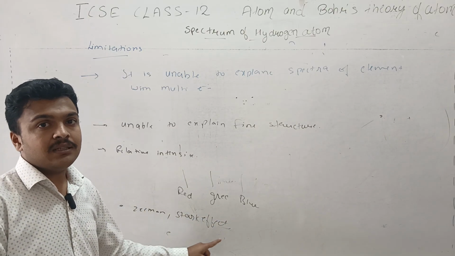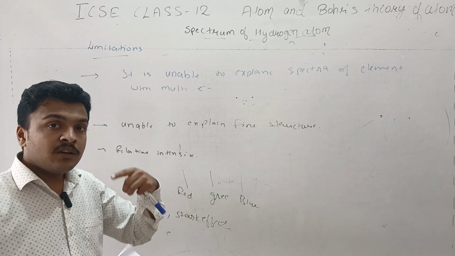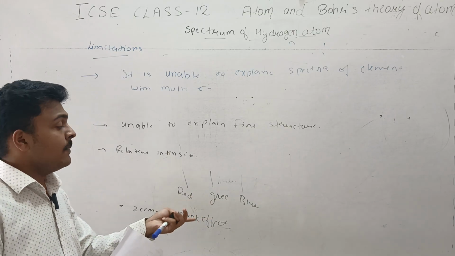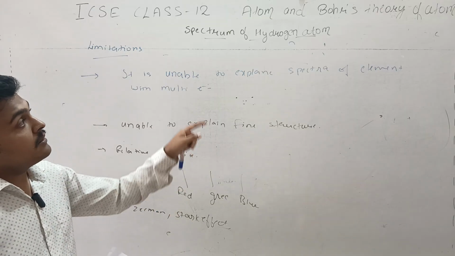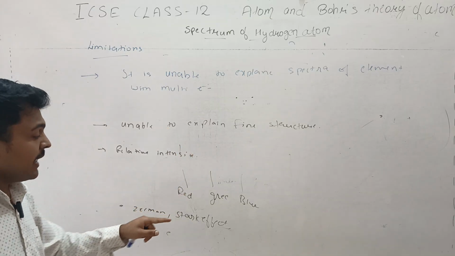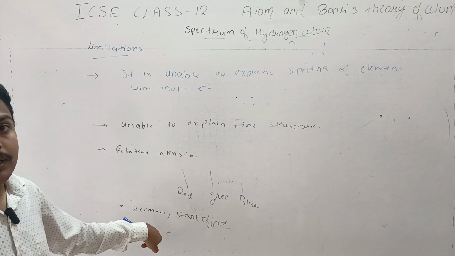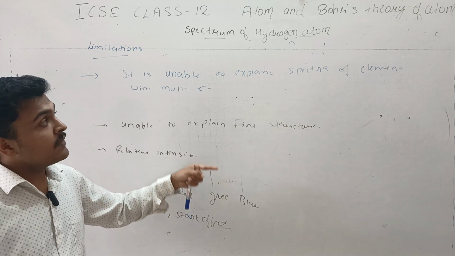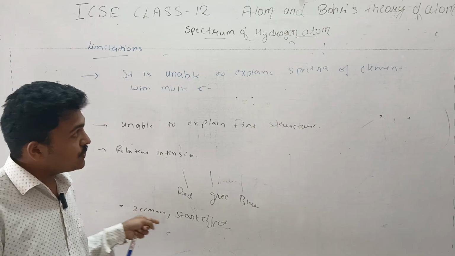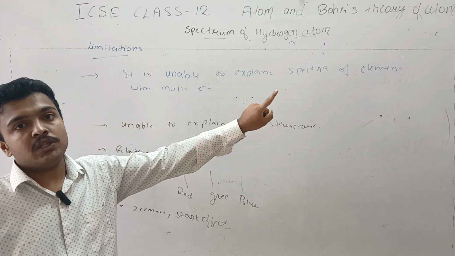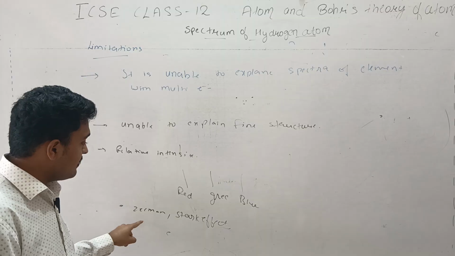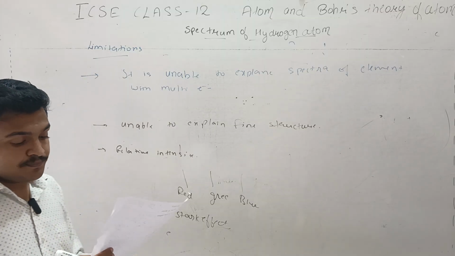So why do the lines get further split? The reason is the coupling between the external electric or magnetic field and the field of the electrons inside the atom. But that also Bohr's theory was unable to explain. For this also we have to study quantum physics, to study the Zeeman effect and Stark effect.